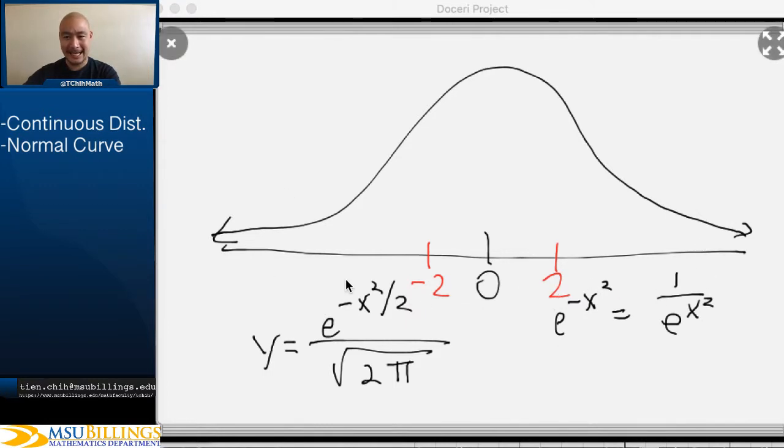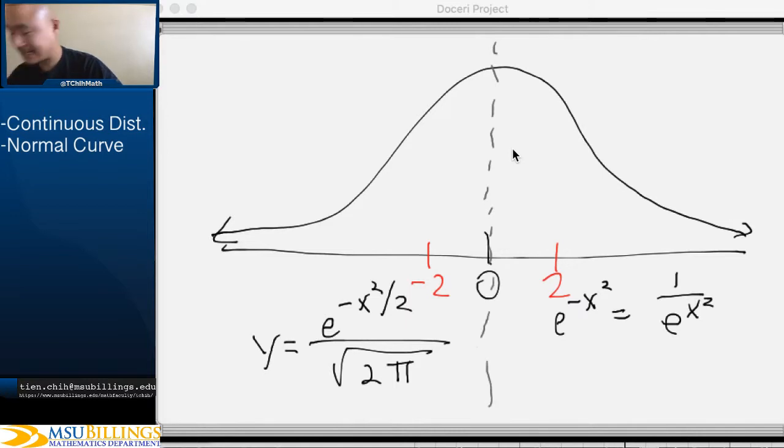If I chose 10 and negative 10, if I choose 1/2 and negative 1/2, it's going to be the same thing, right? And so the point of that is that the curve is symmetric, right? It's reflected. I can reflect across this axis here, and it should be the same on both sides.